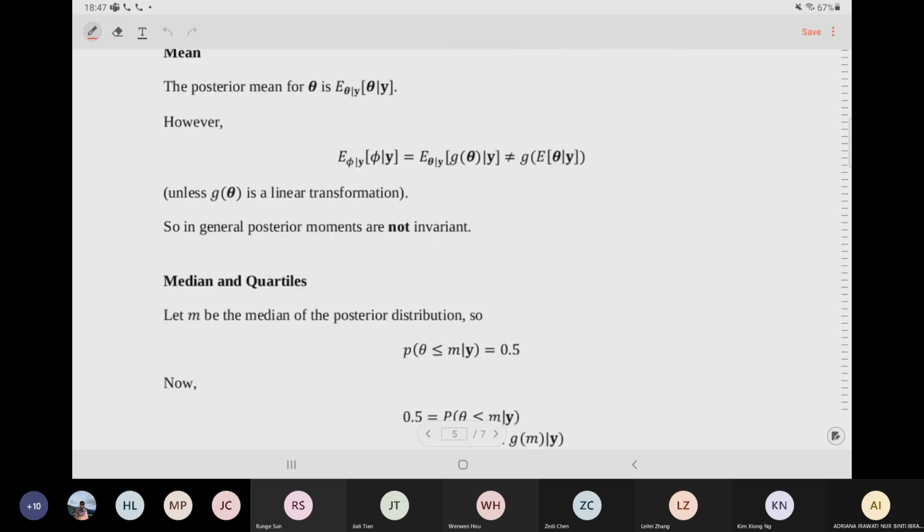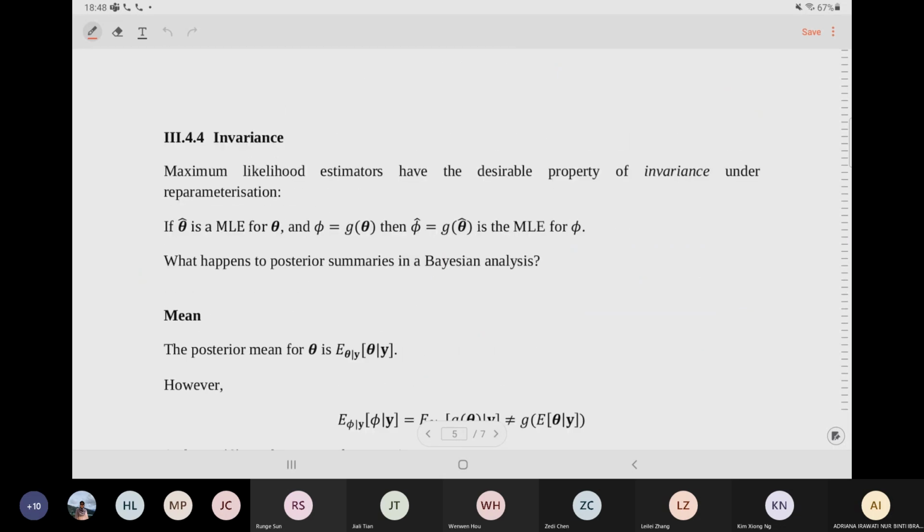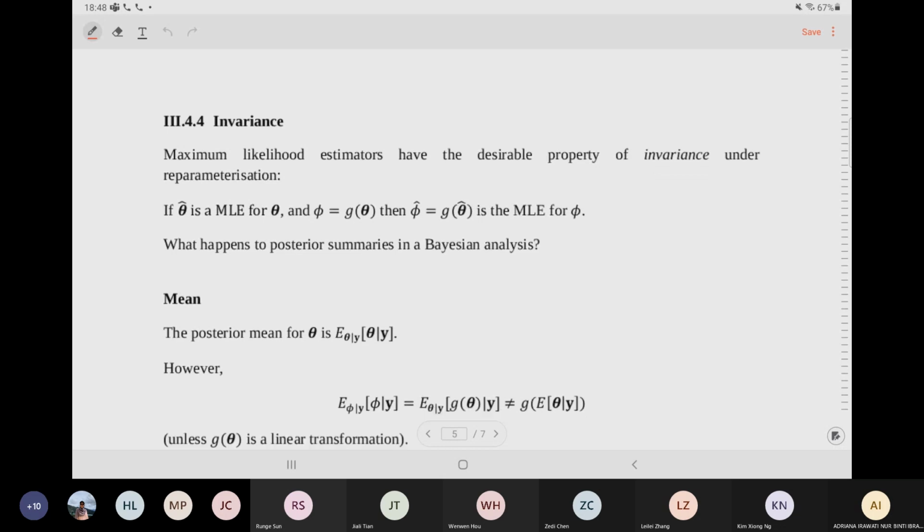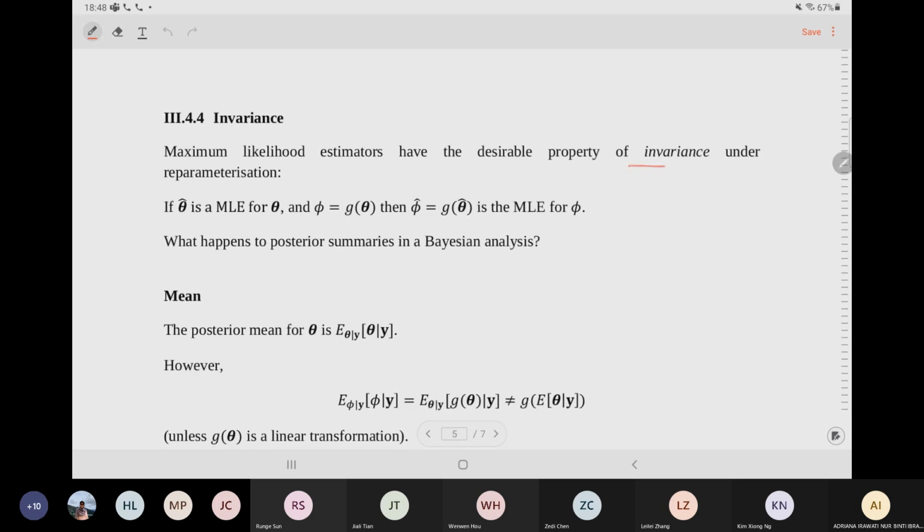One thing: what happens to all the things that we can do with the distribution after we do the transformation? One thing is that the MLE, the maximum likelihood estimator, is invariant under reparameterization.